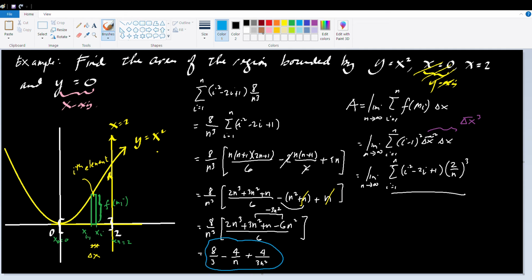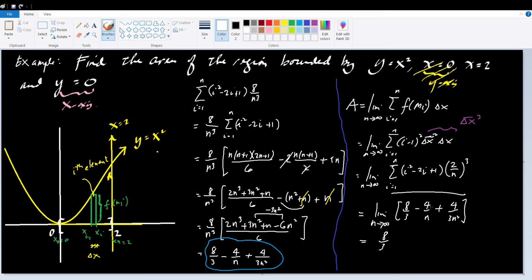We then go back to the area A. So it will be the limit of the sum, which is quantity, 8 thirds minus 4 over n plus 4 over 3n squared as n increases without bound. We then evaluate the limit of each term. The limit of 8 thirds, the limit of a constant, is of course equal to the constant itself, 8 thirds.